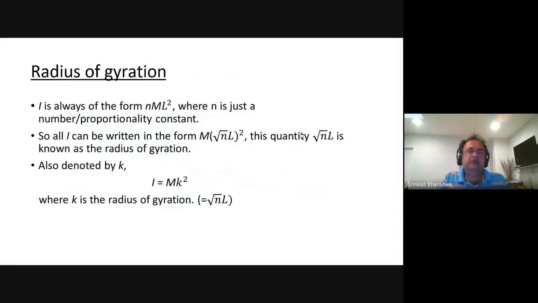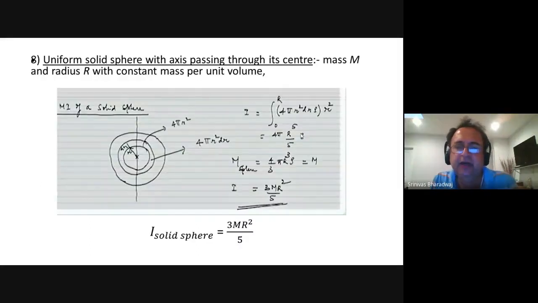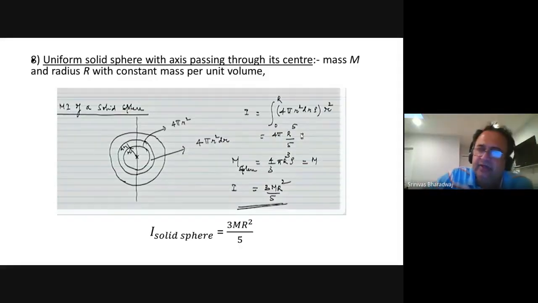Now we introduce this idea called radius of gyration, right? If I is equal to mk square, k is said to be the radius of gyration. Now, if you had something which is 3 by 5 mr square, 3r square by 5 is equal to k square.